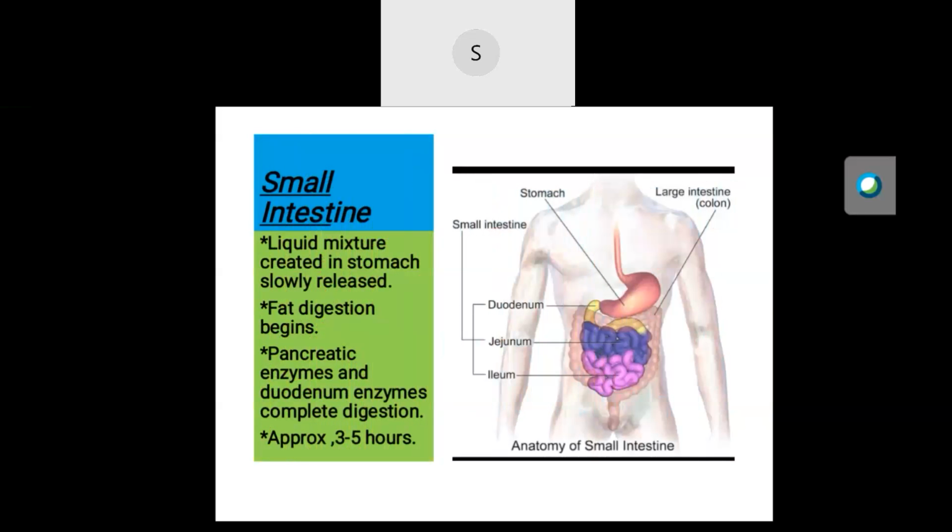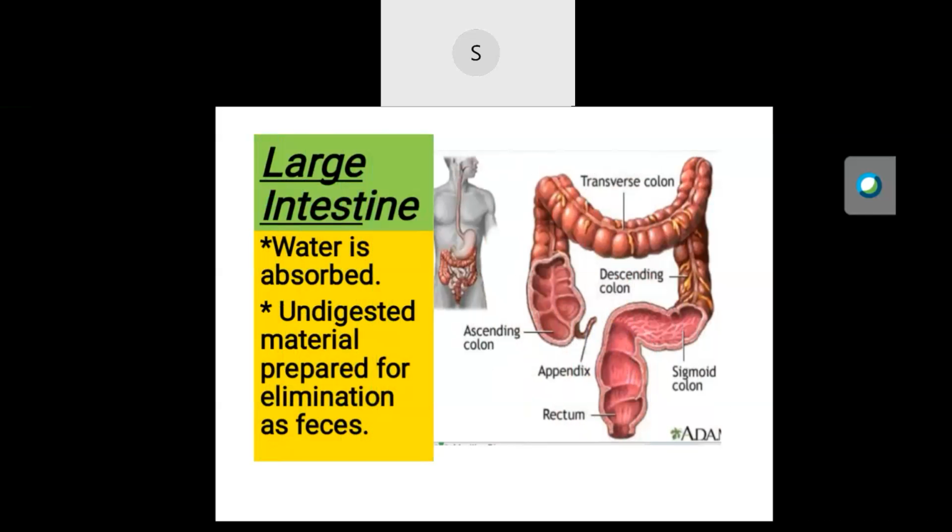Now the small intestine. The liquid mixture created in the stomach is slowly released. Fat digestion begins. Pancreatic enzymes and duodenum enzymes complete digestion, approximately 3 to 5 hours. And finally, the last one is the large intestine. Water is absorbed, and undigested material is prepared for elimination as feces.